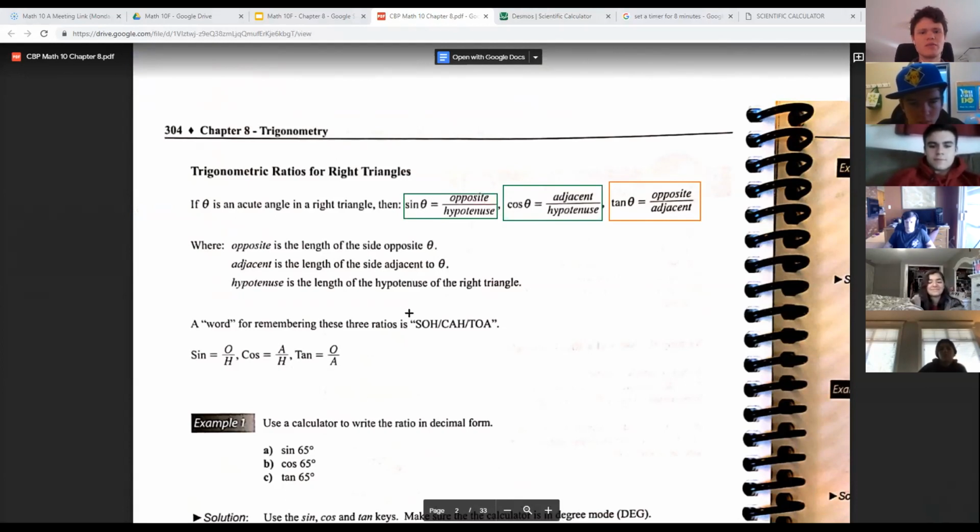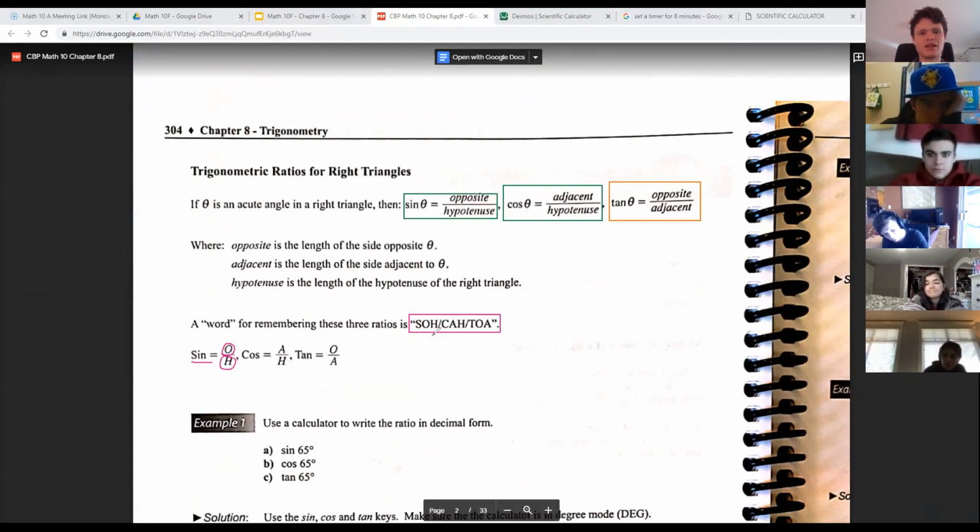So folks, are you familiar with this? Have you seen this before? Maybe written somewhere? SOHCAHTOA. It's kind of a silly made-up name, but SOHCAHTOA helps us remember our three ratios, because the SOH tells us that sine is opposite over hypotenuse.